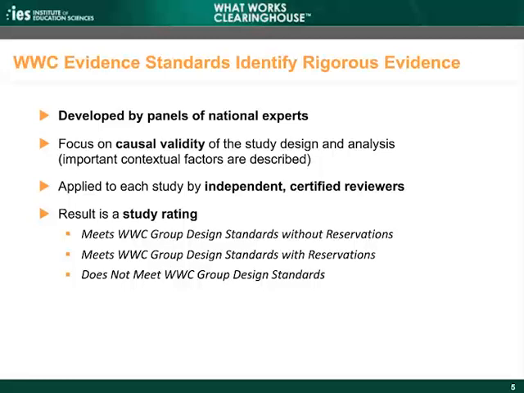The next rating, meets WWC group design standards with reservations, applies to studies that provide causal evidence but with a lower degree of confidence, such as a quasi-experimental design that has shown that the study groups are similar. The final rating, does not meet WWC group design standards, is given to studies that have not demonstrated a causal link between the intervention and the findings.